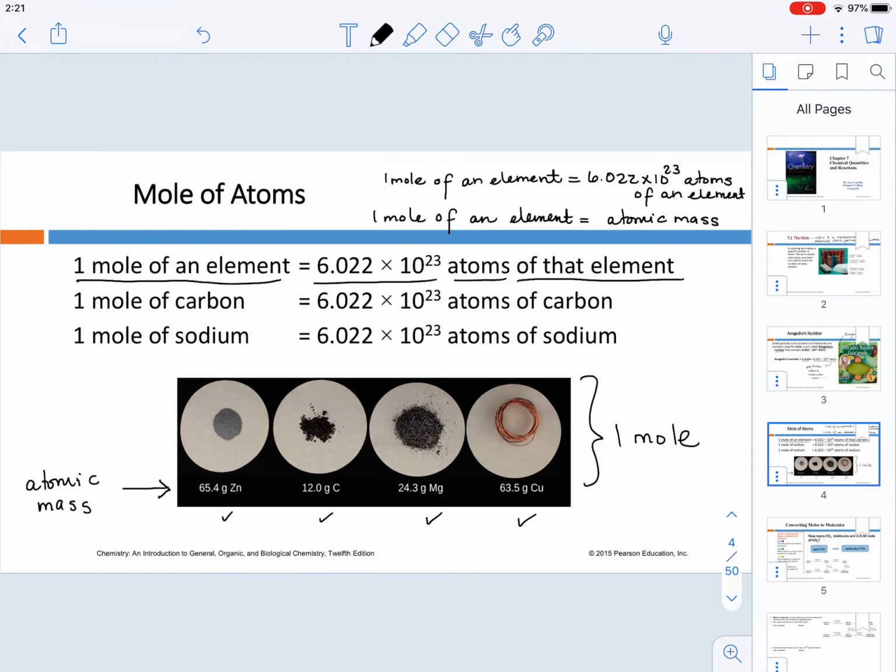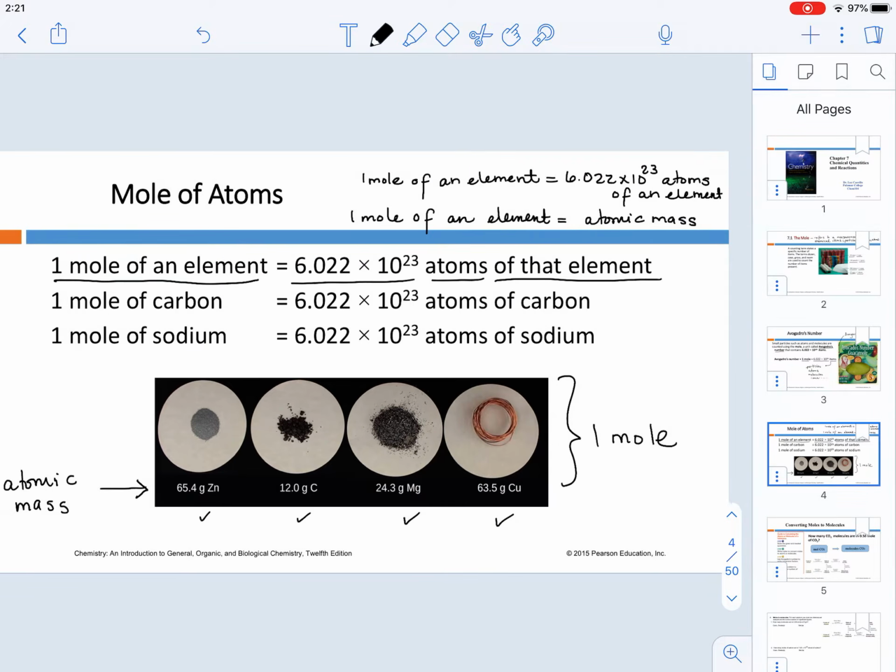So that's why when we're talking about molar mass, as we're going to see later in this chapter, we refer to it as grams per mole, because we're talking about the grams of an element in terms of moles. So this is just an introduction of how we have that concept of the mole.